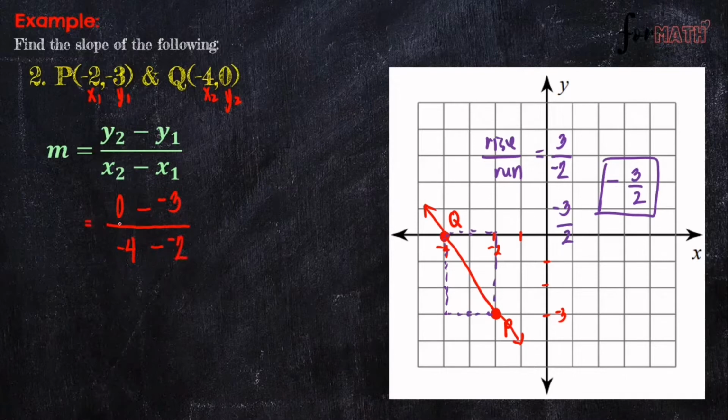Alright, so meron tayong rule ng sign number, so magiging plus to, positive, plus, positive. Okay, so our answer will be 3, and then negative 4 plus 2 means negative 2. Okay, so we have slope is equal to negative 3/2. Okay, so same lang naman dun sa answer natin.